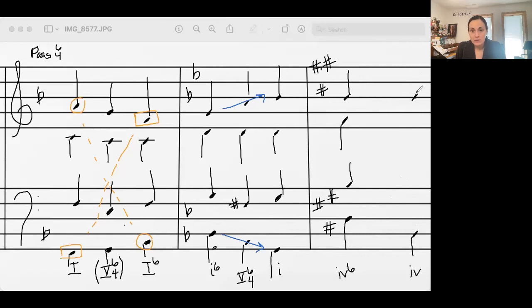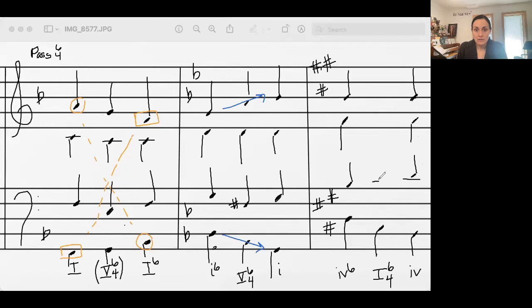Let's keep the B doubled. And then we want to do our voice exchange. Turns out the D is going to go in the tenor again, because that's where the B was. So we have our voice exchange in the lower voices. And then the F, we're going to try to just keep the same. All right. So between these two chords, we're going to end up with a 1/6/4 passing through this voice exchange like that.